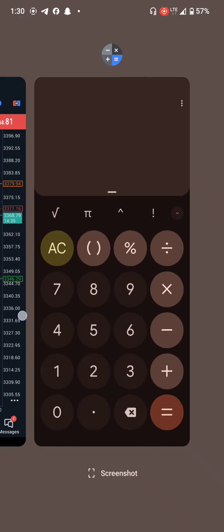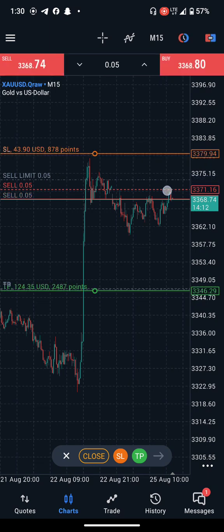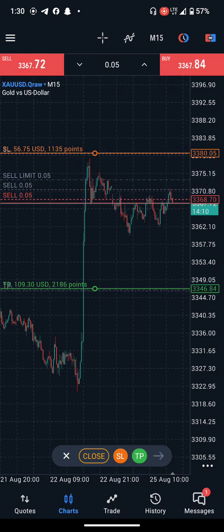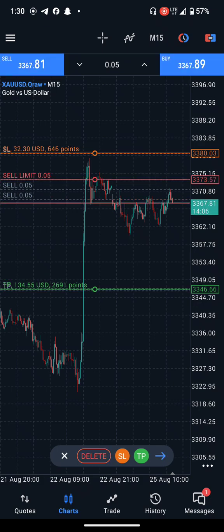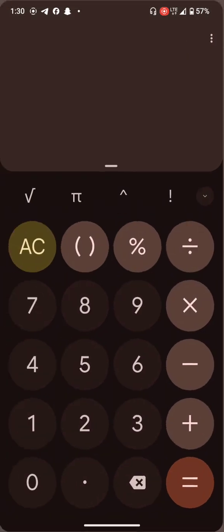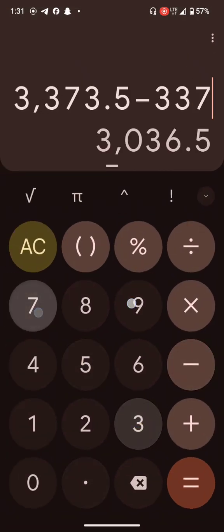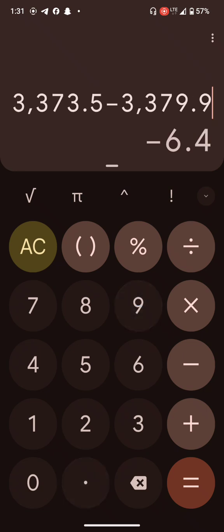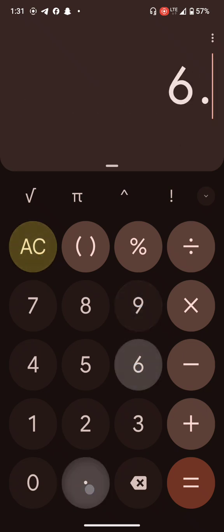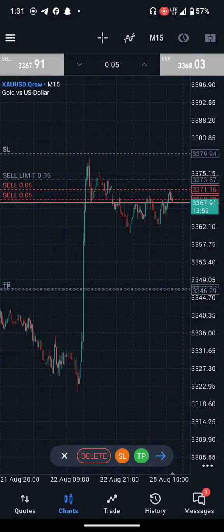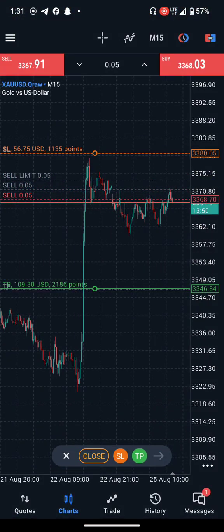And if it is the profit, from this position to here is 88 pips. Now from this last position, 3373.5 minus 3379.9, 64 pips, because if you say 6.4 times 10, 64 pips. So from this position to this is 64 pips.